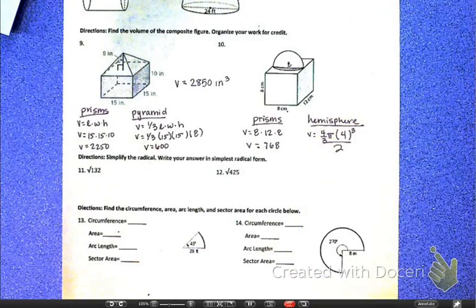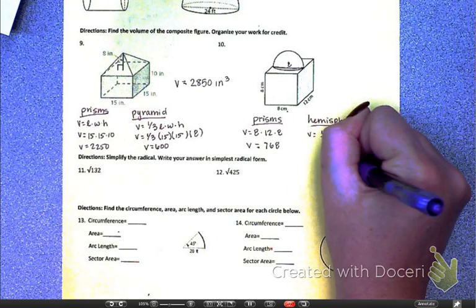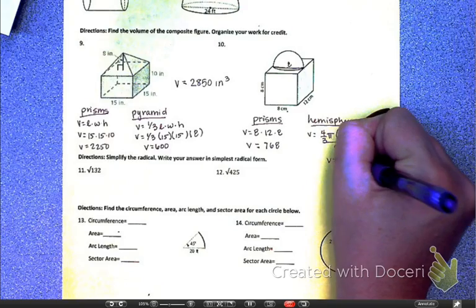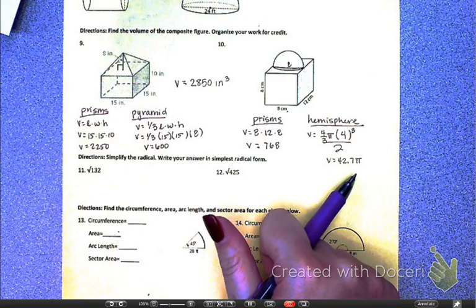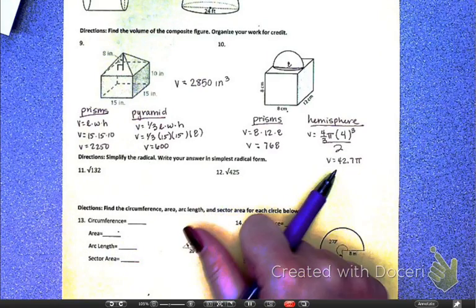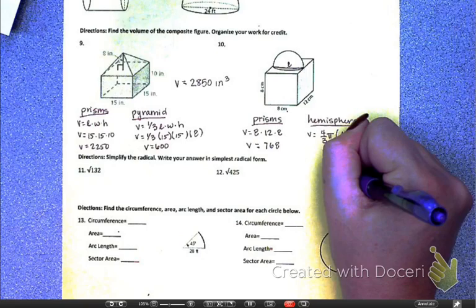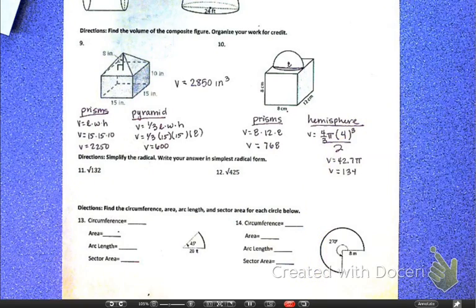So 4/3 times 4 cubed divided by 2 gives you 42.7 pi. Now these are also stacked, so we're going to have to add. The problem is this pi, so we actually need to multiply. So 42.7 times pi gives you 134 when you round it.